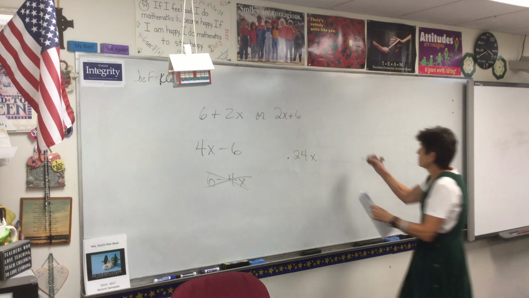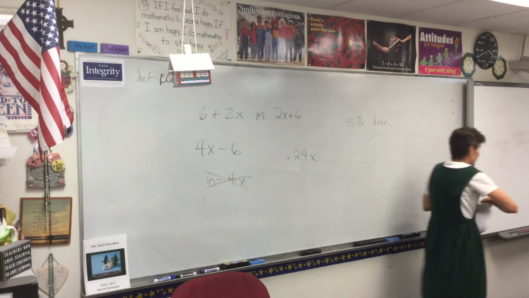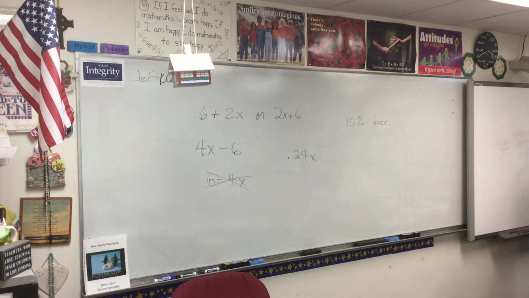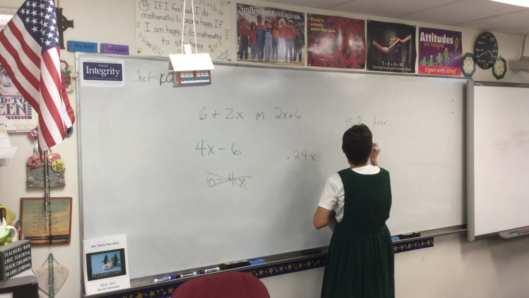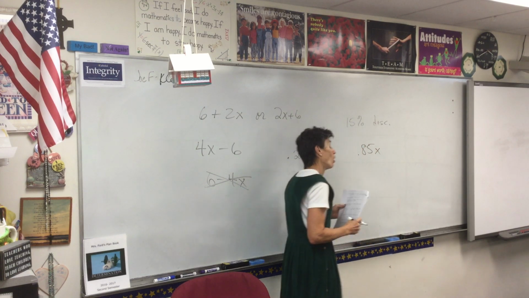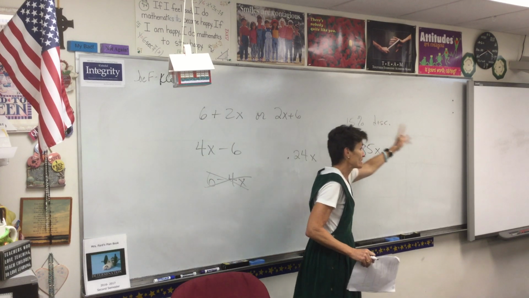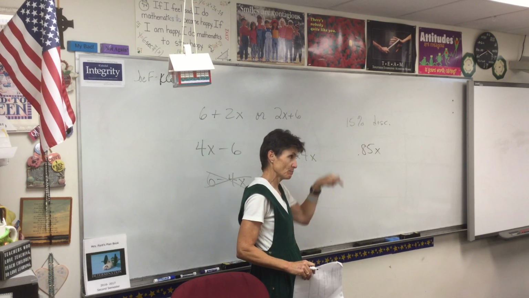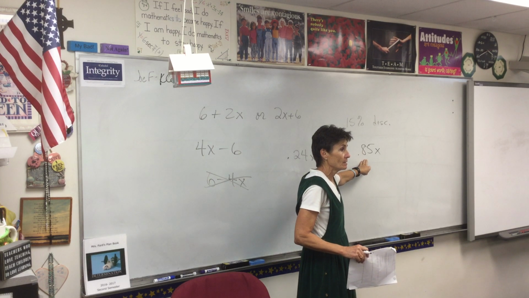So if we have a 15% discount, then we're going to represent that by 0.85 times the cost, whatever it is. So instead of taking 15% of the price and then subtracting it, we're just going to multiply by 85%.